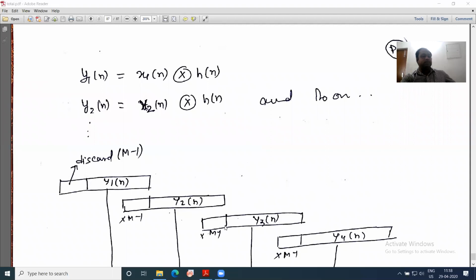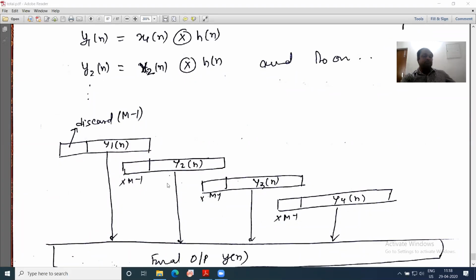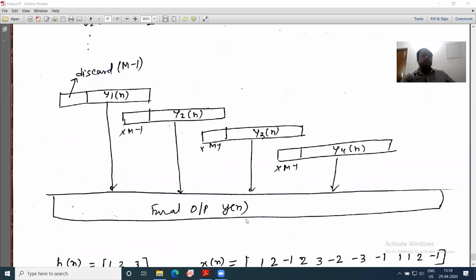Whatever remains, this part, this part, this part and this part, will be added, and this will give you the final output. This is the procedure for the overlap save method.